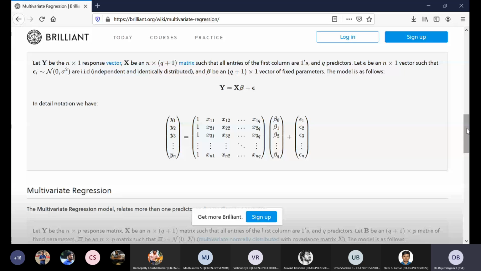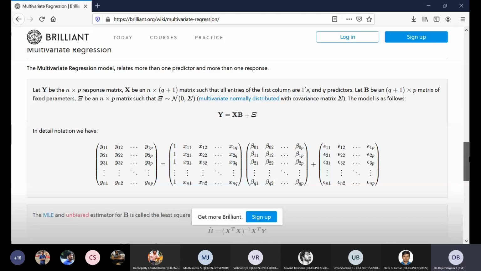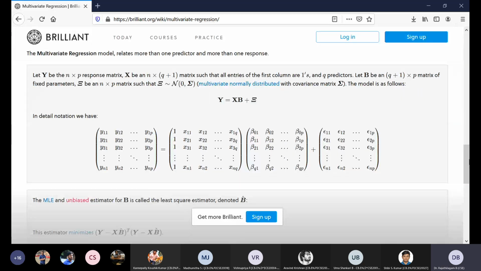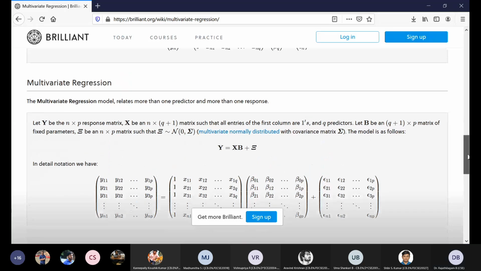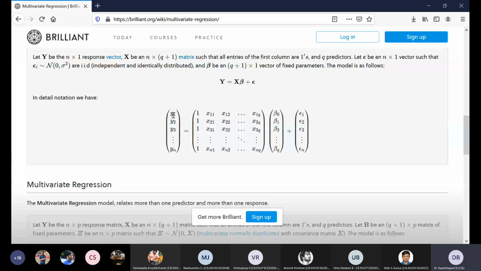Now what is linear regression? Y itself is going to be so many for a single equation. Y itself is going to be more than 1.